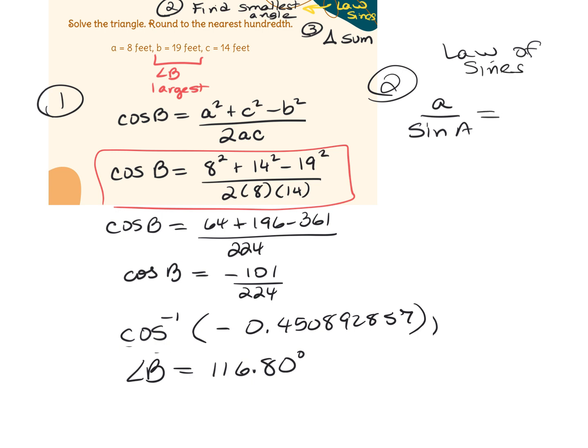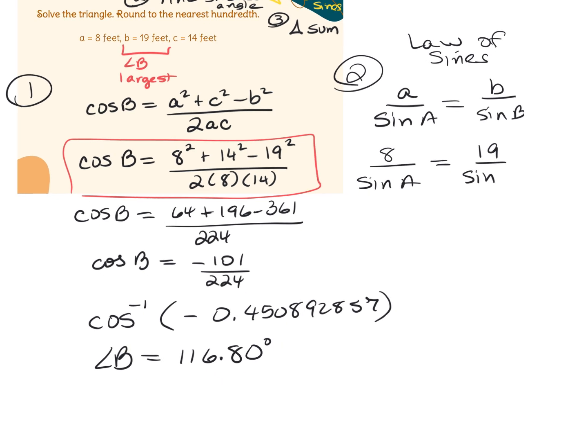And then equals, and I'm going to go back to the angle I just found. So I'm going to do B over the sine of B. Now let's fill in our numbers. Side A was 8. Sine of A, I don't know angle A, that's what I'm solving for. And then side B was 19, and then the sine of 116.8.